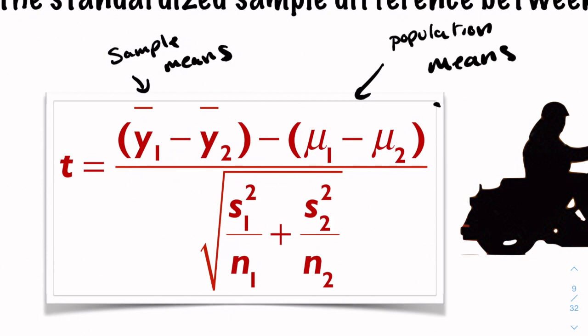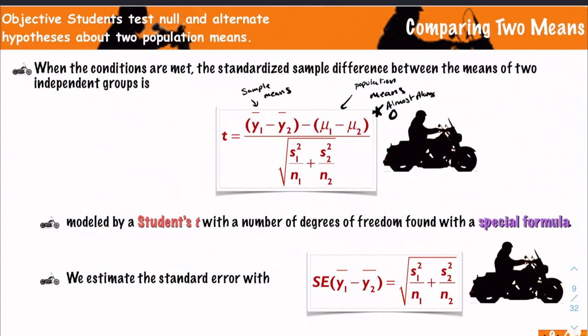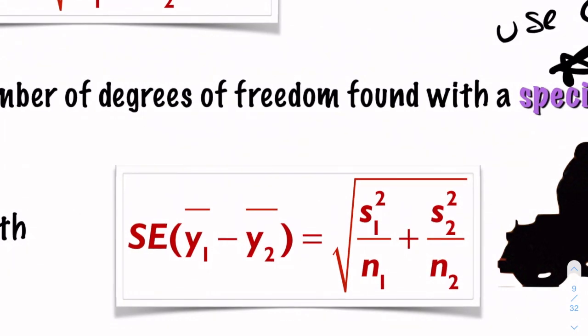And I just want you to recall, especially when we're doing hypothesis testing, this is going to be almost always 0. And then we have our standard error below. Modeled by Student's t with a number of degrees of freedom with a special formula. I'm going to say a note to this. We're going to use the calculator for this formula to get our degrees of freedom. And we estimate the standard error with our standard error formula.